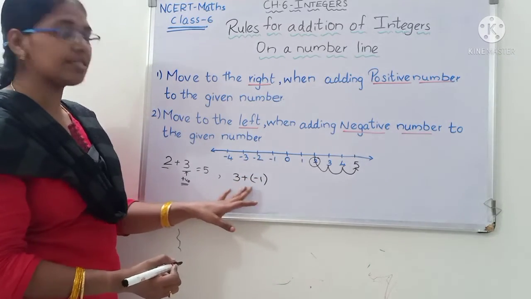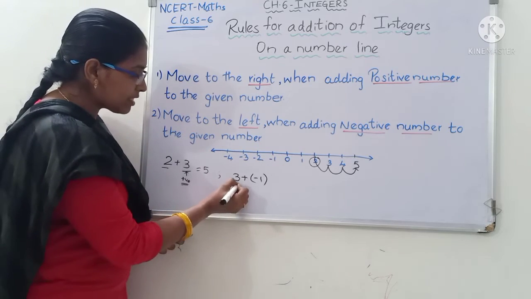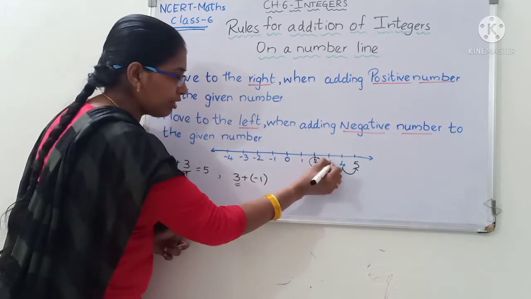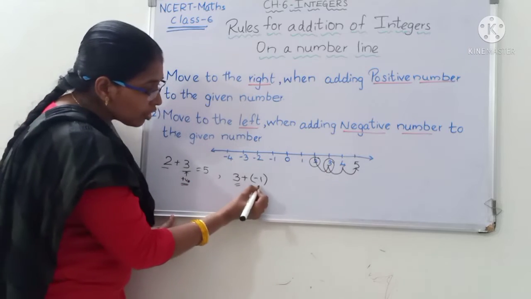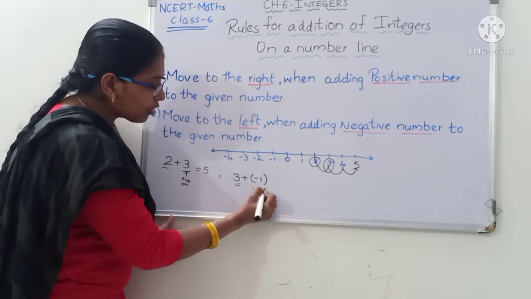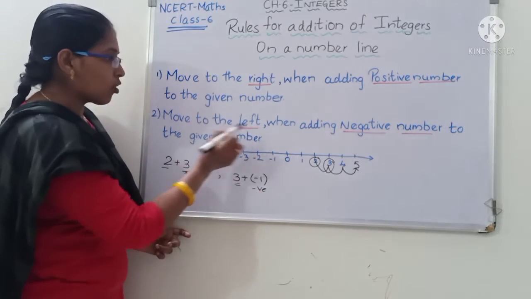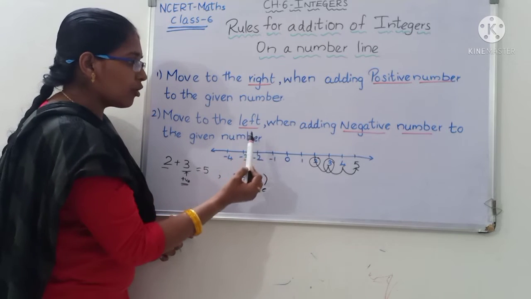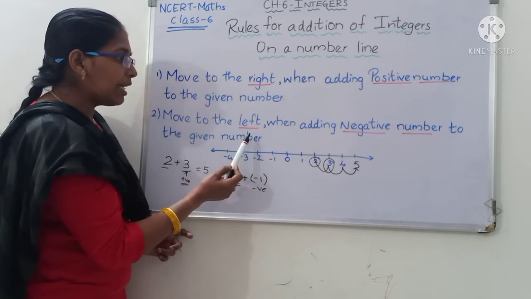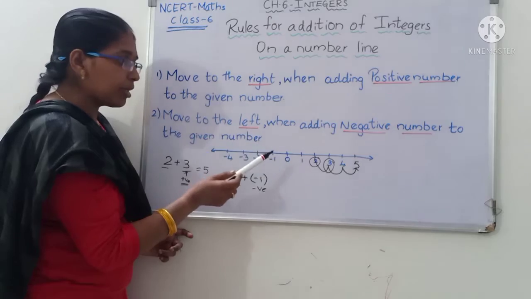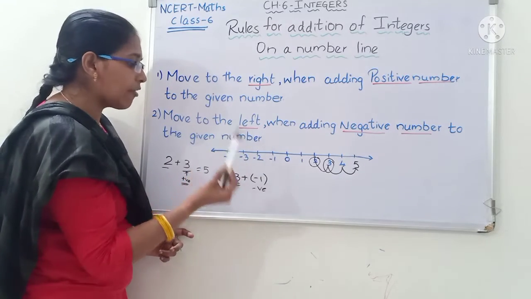So the question given is 3 plus minus 1. So first number, locate 3 on the number line. 3 is here, and then you are adding a negative number to the number 3. According to the rule, when you are adding negative number to the given number, you should move left.